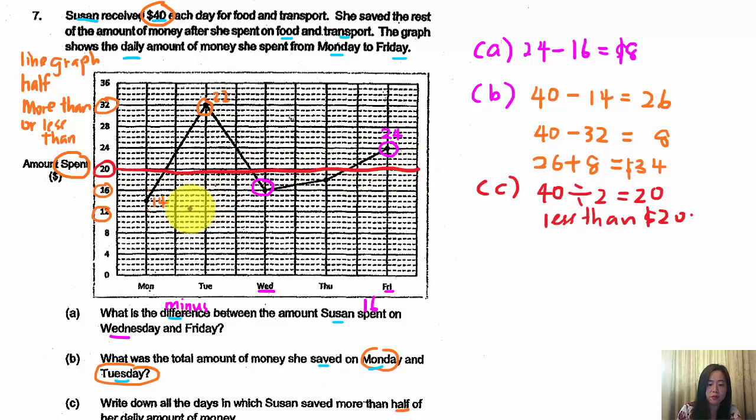And we can tell from here that on Monday, on Wednesday, and on Thursday, Susan spent less than $20, which means that she can save more money. She can save more than half of the daily amount. So the answer will be Monday, Wednesday, and Thursday.